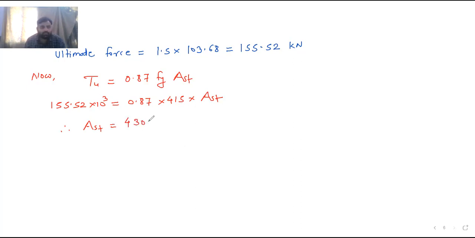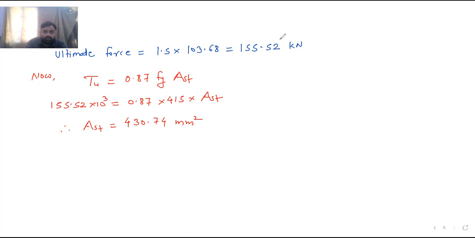This value is 430.74 mm square. Okay. Then spacing. So first of all, calculate the number of bars. So provide 8 mm diameter bar. Okay. Or 12 mm diameter bar. We will provide 12 mm diameter bar.